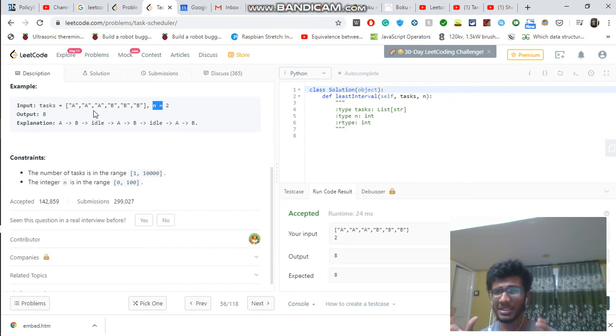The only thing is there should be a particular gap, that's N. So here, if we take A, then there should be two gaps. In these two gaps, I have utilized one of the B's. Then again there is A, then again two gaps in which I utilized B, then obviously one has to be left idle, then again A and again B.